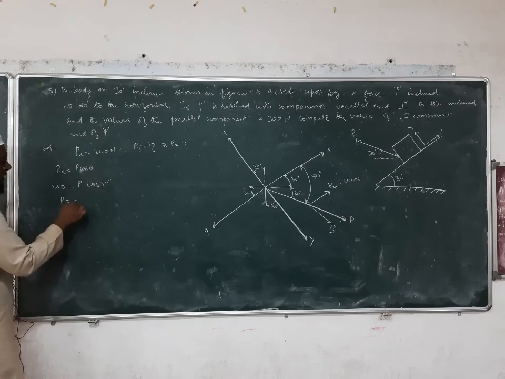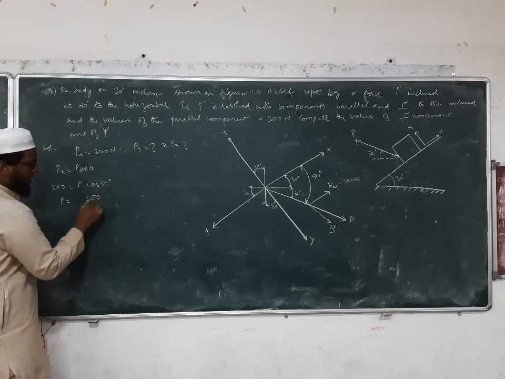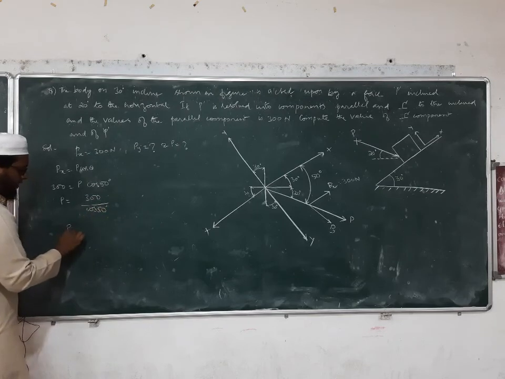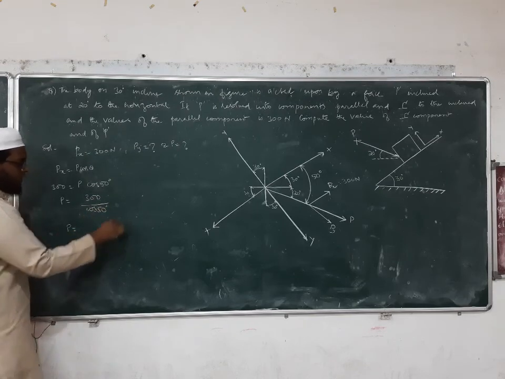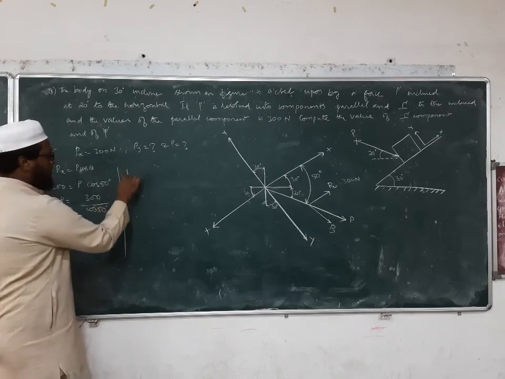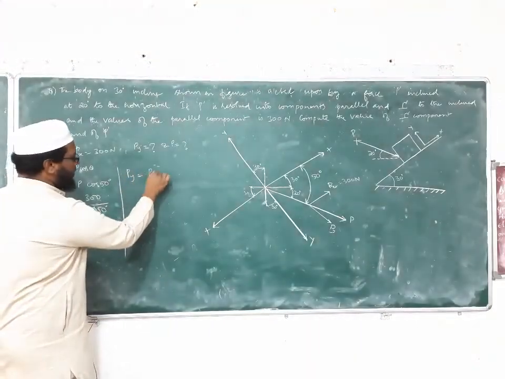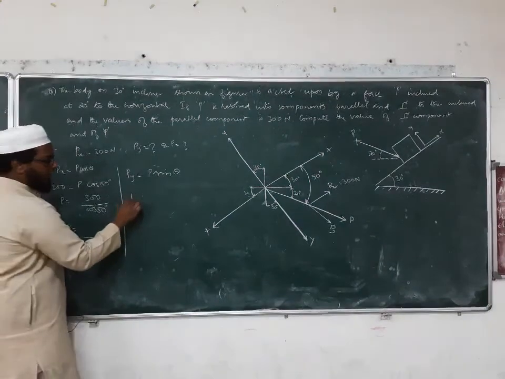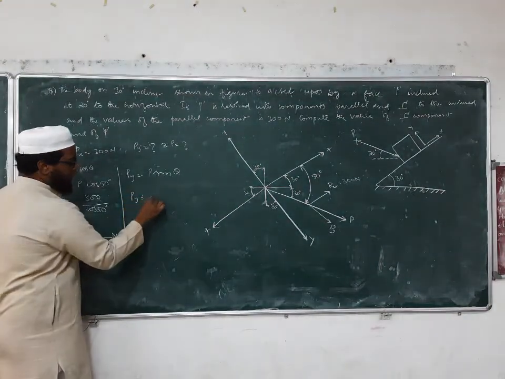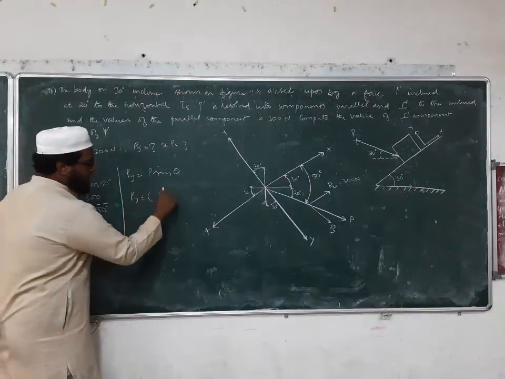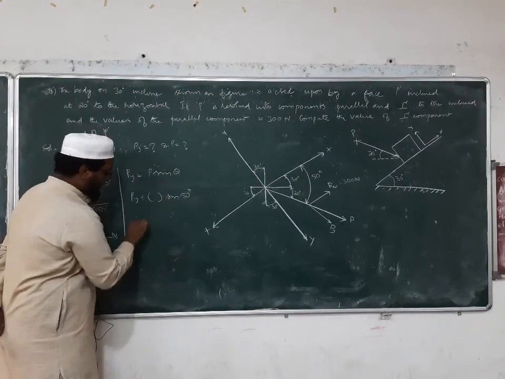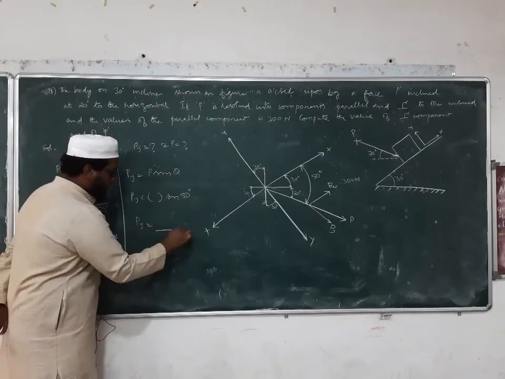So what is the value of P we will get now? P is 300 divided by cos 50 degrees. We'll get the value of P in newtons. Then what about Py? Py is equal to P sine theta. We know the value of P. So Py is equal to P into sine 50 degrees. So you will get the value of Py also.